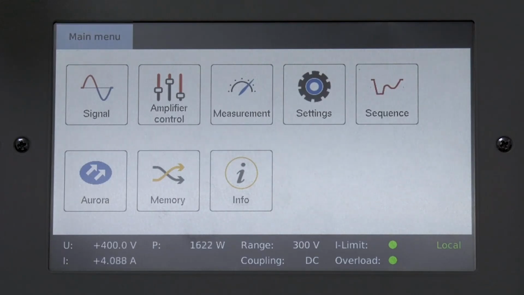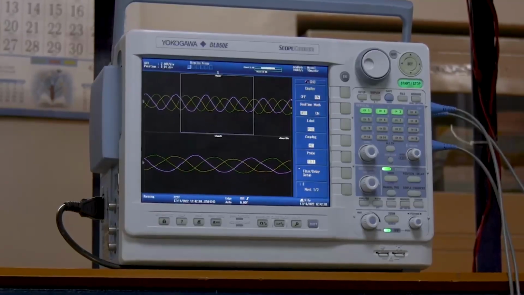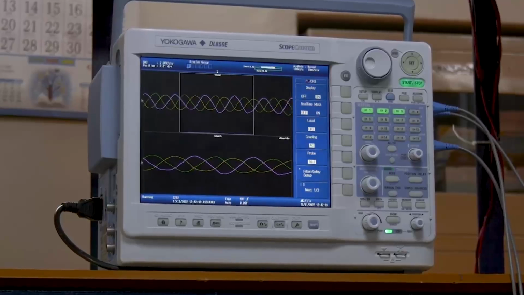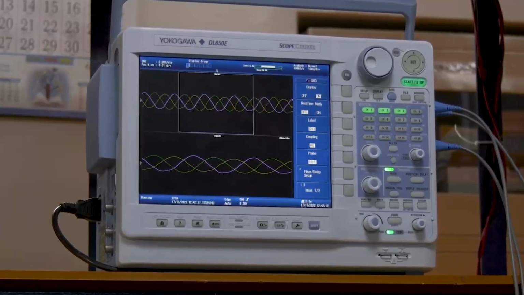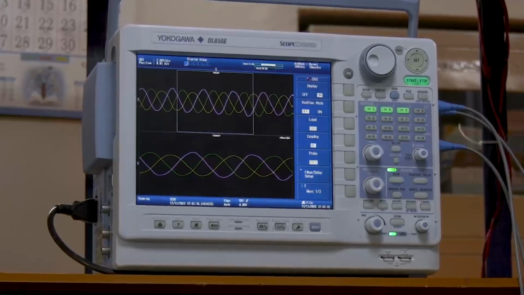Now, moving to the second test case, similar to the previous test case, the power generated by PV and BESS is less than the DC load connected at the DC bus. By looking at the DSO, we can observe that the increase in the DC load is reflected in the current magnitude.